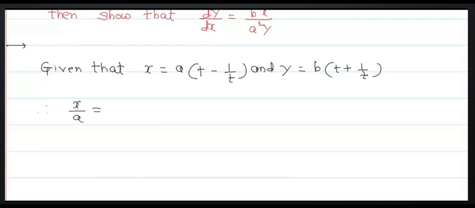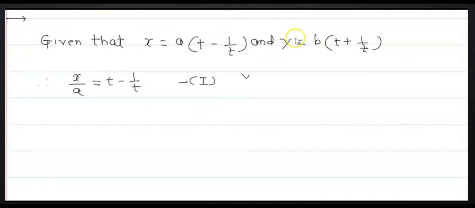That's why x upon a is equal to t minus 1 upon t, this is the first. y upon b is equal to t plus 1 upon t. This is the second.